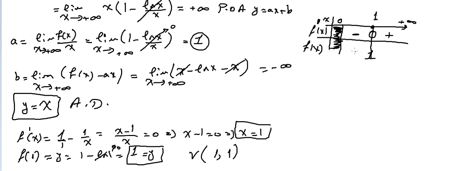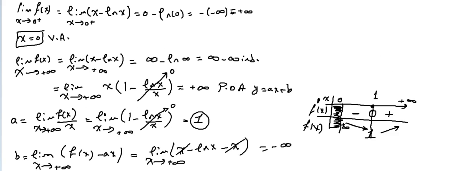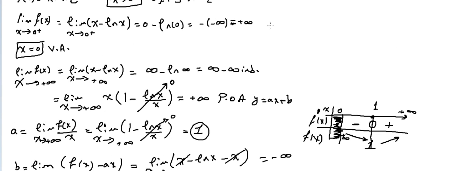At 1, it's going to be 0. So it goes down to 1 and then up. Down from where? From plus infinity, because the limit at 0 plus, as you remember, we found to be plus infinity.